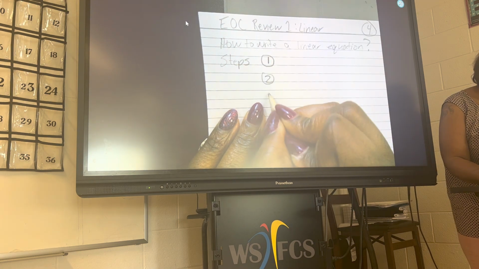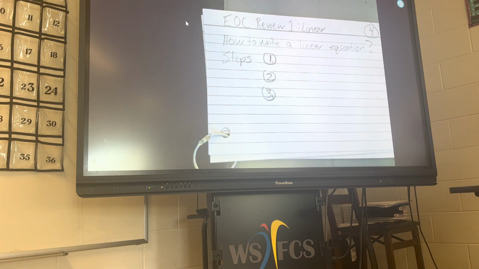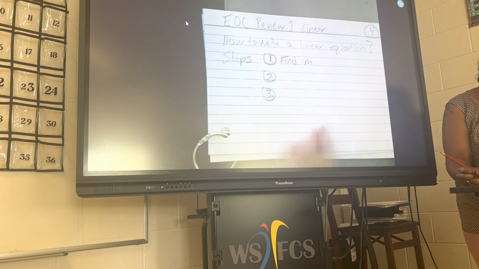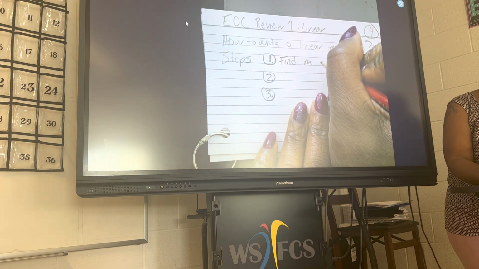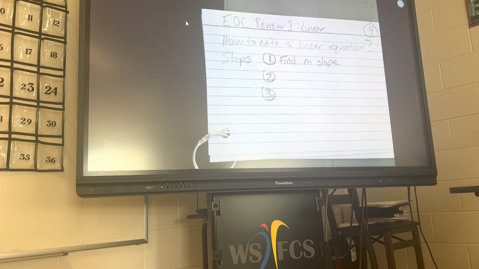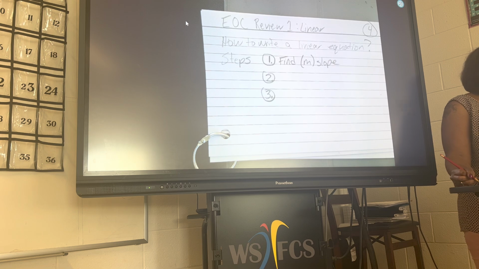See if anybody can remember from the end of first quarter, beginning of second quarter. Does anybody remember what you have to find first to write a linear equation? Find M. What does M represent? Slope. If they don't give you the slope, then you have to use the formula to calculate it. Please make sure that you go back and read notes and note cards and everything.